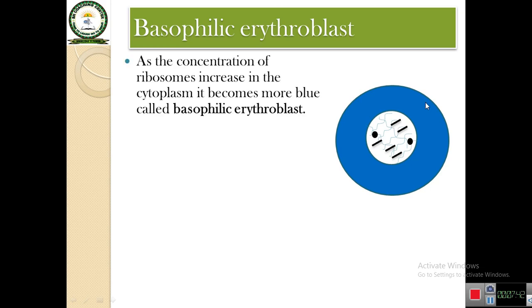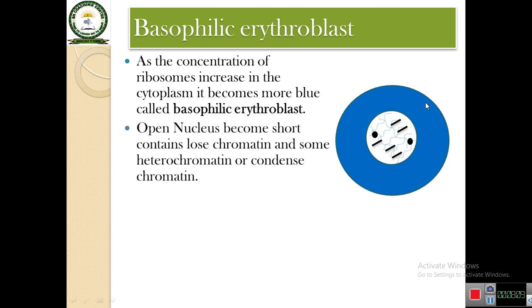When the concentration of ribosomes increases in the cytoplasm, the color of the cytoplasm changes into much blue, and that stage is known as the basophilic erythroblast.